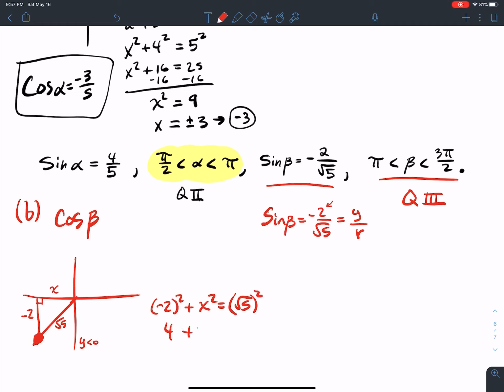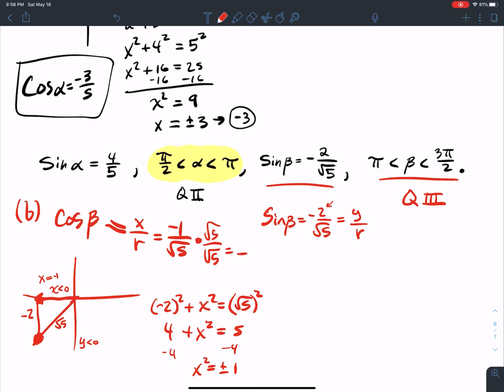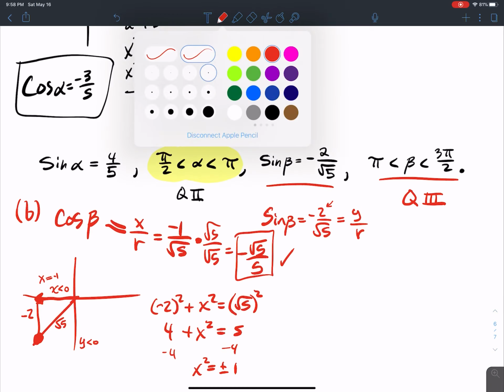So that's 4 plus x squared equals 5. Subtract 4, x squared equals 1. Well, since I'm in the third quadrant, x is less than 0, so x needs to be negative 1. So the cosine of beta is x over r, which is negative 1 over square root of 5. Now, if you want to rationalize the denominator, you can multiply top and bottom by square root 5 and get negative square root 5 over 5. Bingo.